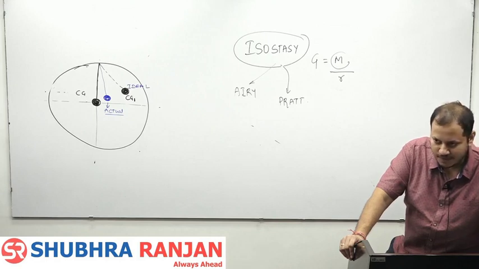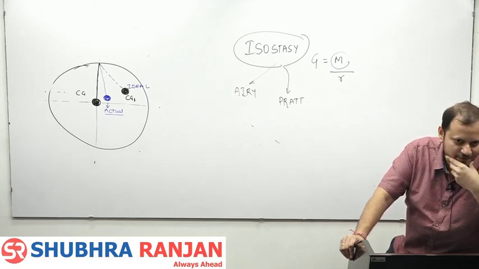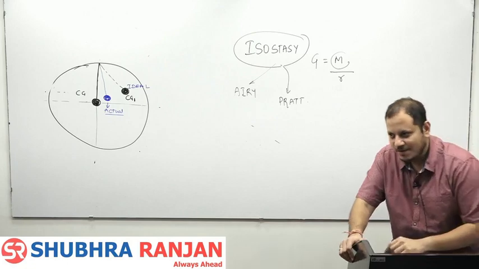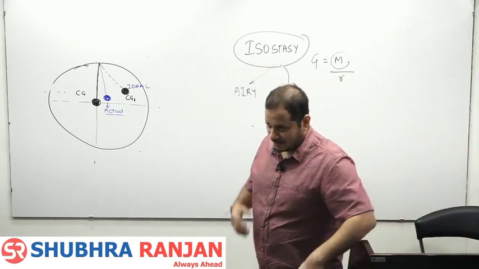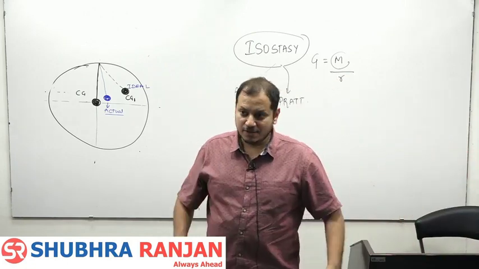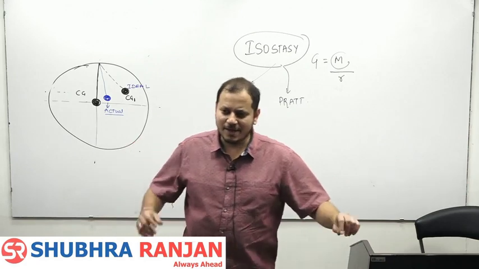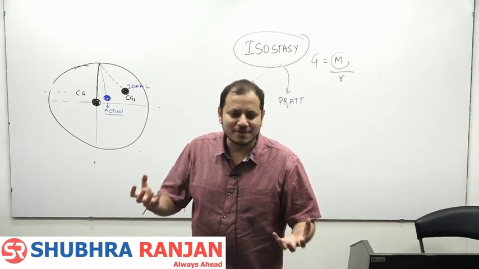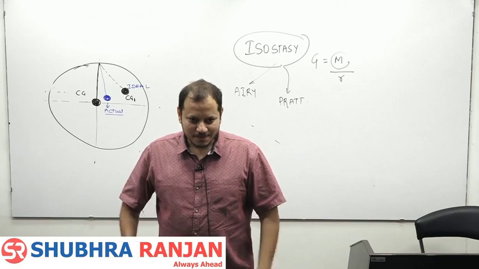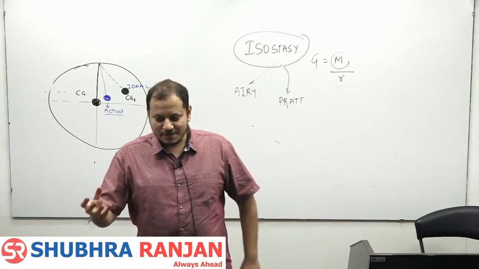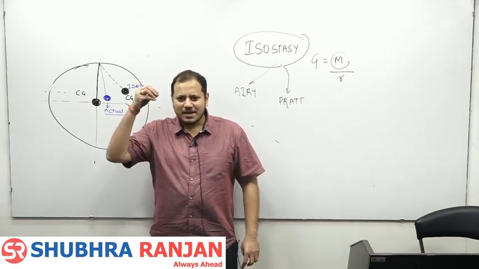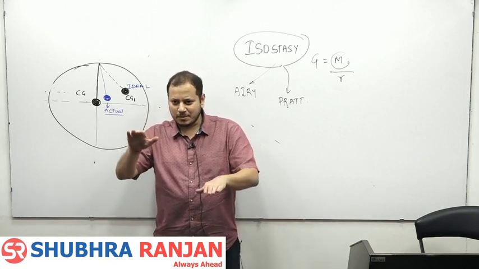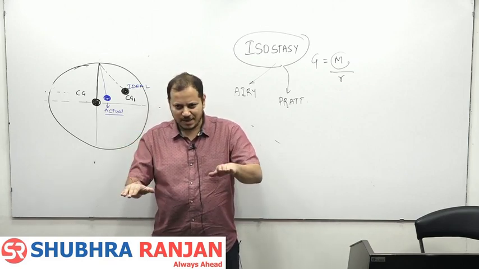Do you use the theory of isostasy in your everyday life? Yes. Why? When you are standing or when you want to balance, you will stand like this. क्यों एक पैर पे balance नहीं रख सकते? Center of gravity. Getting it? This is nothing but isostasy: equilibrium, the position of balance.